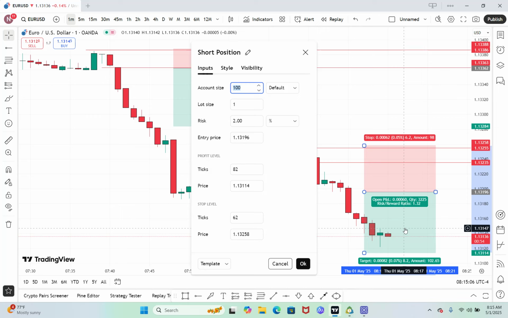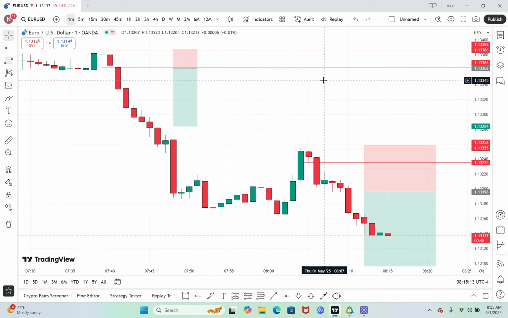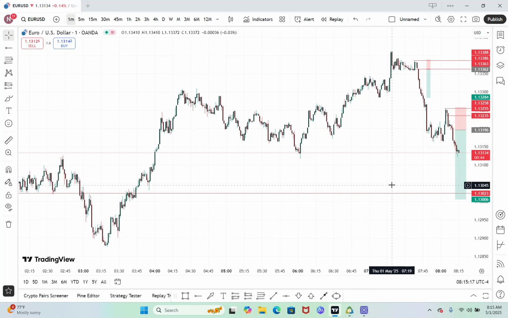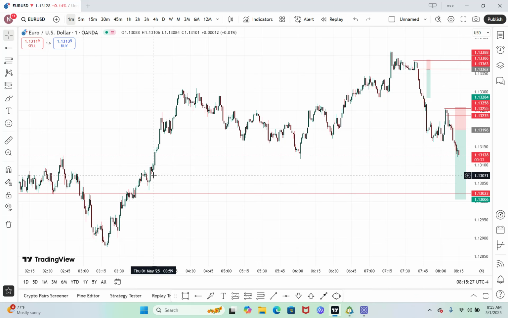Call it 190 pip. So profit 190. Okay, we have the coordinates. So all I can do is just zoom out to see what's down here, to see if there's any area here or down here that is likely to turn price around, right? This area here seems to be a little area of concern.